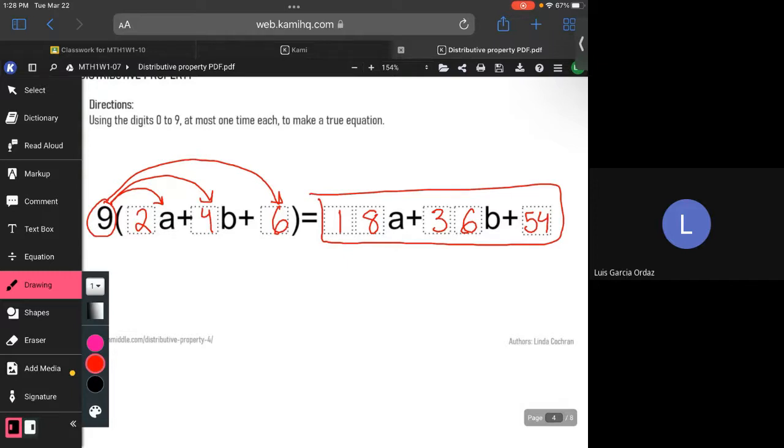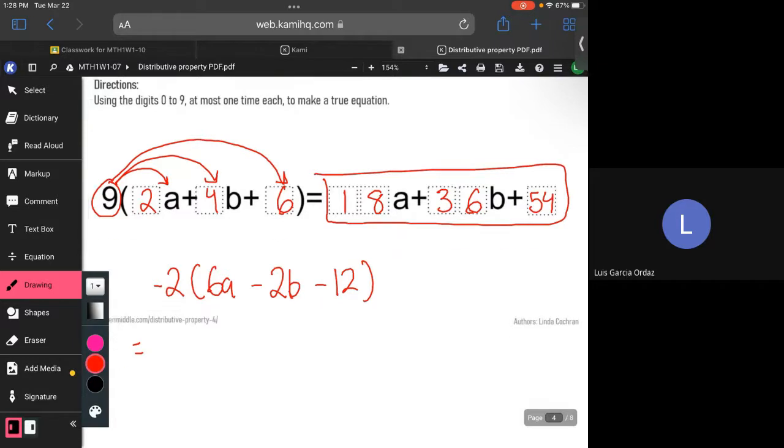Now let's see if we have a negative number. Negative 2 times 6A minus 2B minus 12. So I want you guys to tell me what I get when I distribute that negative 2 into my bracket.